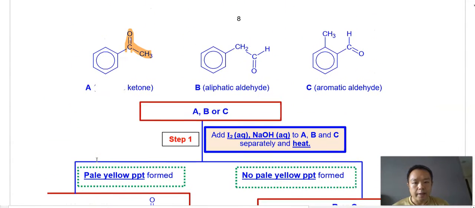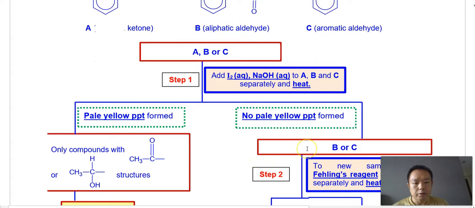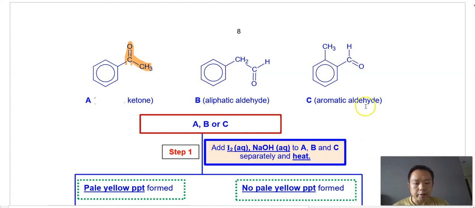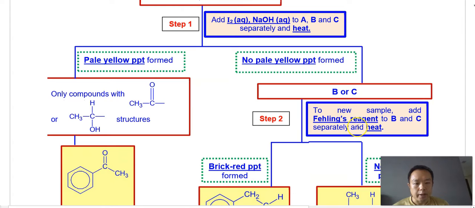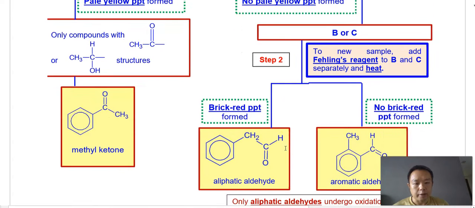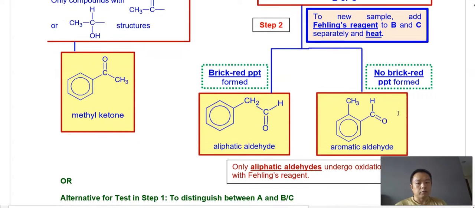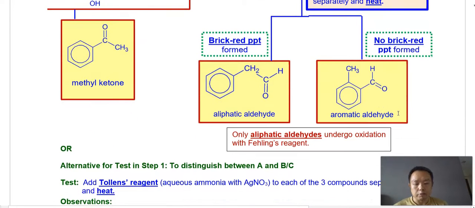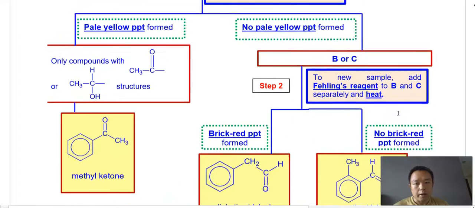Now, for the aliphatic aldehyde and aromatic aldehyde, both will give no pale yellow ppt. So to distinguish again aliphatic and aromatic aldehyde, I can consider adding Fehling's reagent and heat. As mentioned earlier on, aliphatic aldehyde will give a brick red ppt, aromatic aldehyde will not give a brick red ppt. Okay, so that's another alternative. So for test 1, you can either do Tollens, or you can also do iodoform.